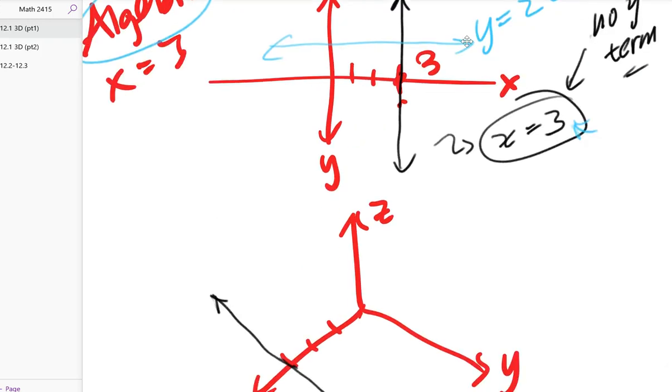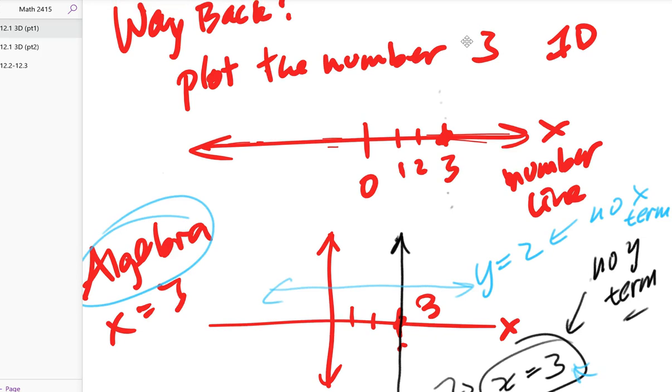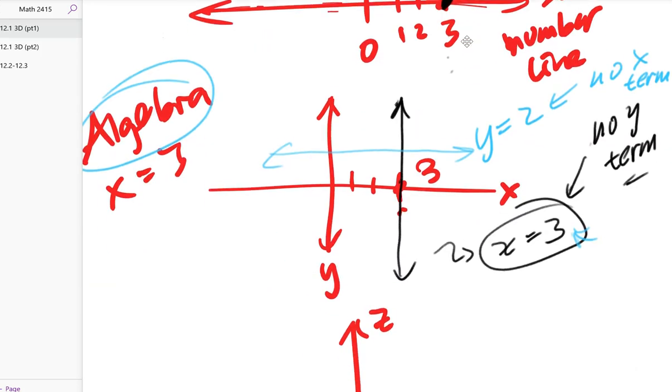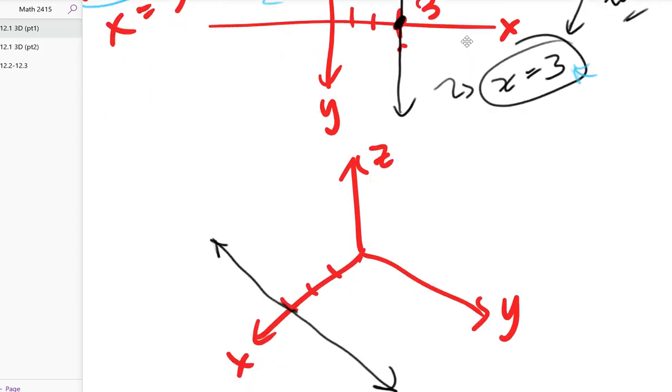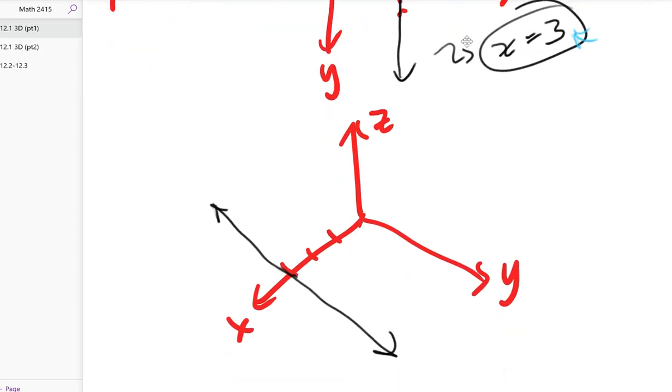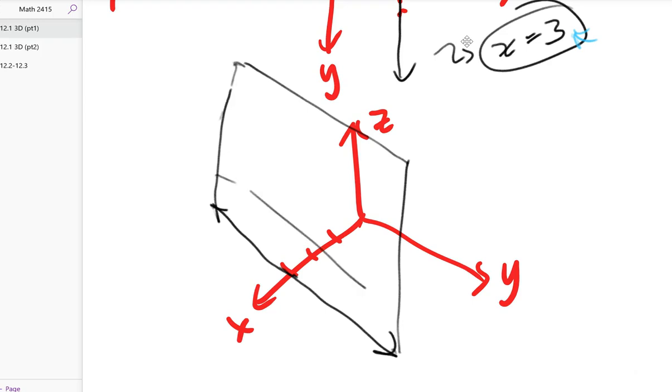Just like I drew the line before, I drew the point, and then I drew the point there, and when I was in 2 dimensions, I just continued that point along the y-axis. And now what I'm going to do is continue this line up in the z direction. If I continue this line up in the z direction, what I get is a plane. So basically, I'm continuing this line in the z direction.